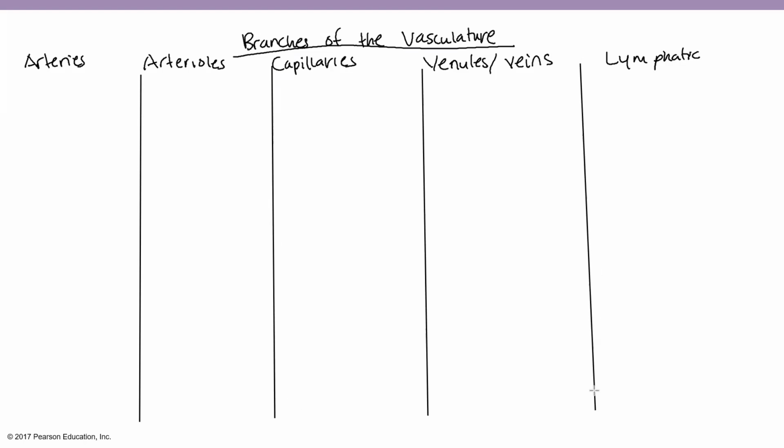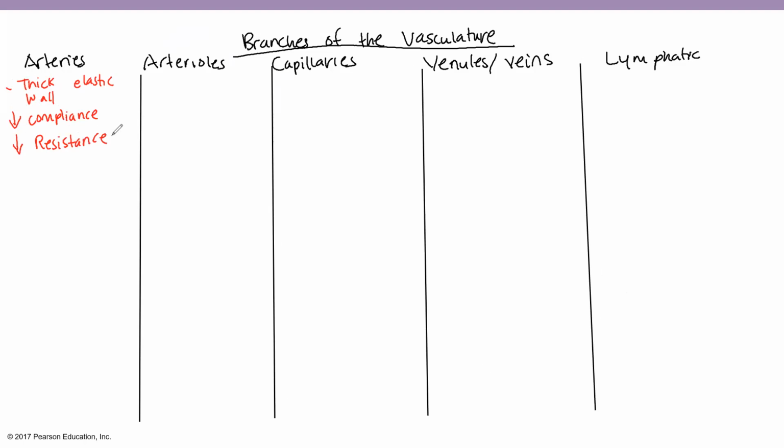All right, as far as arteries, the first thing we said was that they have a thick elastic wall. We also said that they have decreased compliance and decreased resistance.